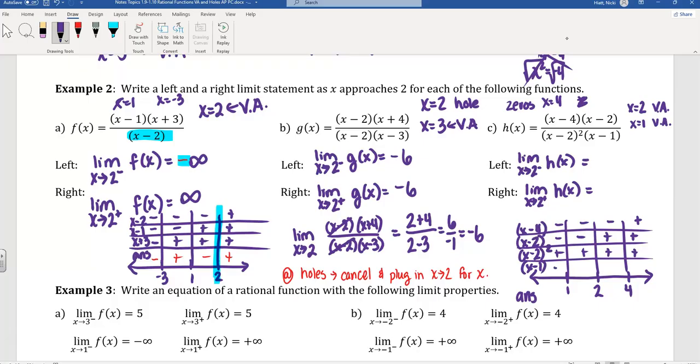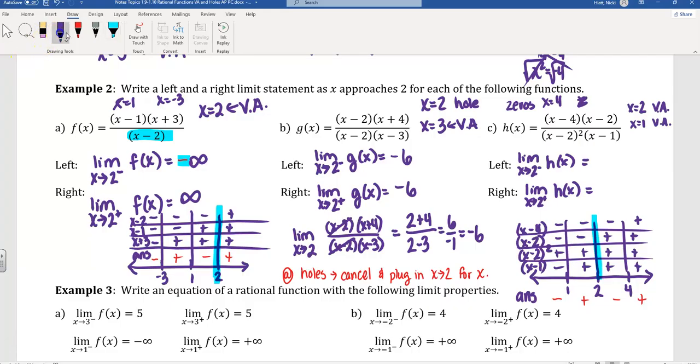And then I've got negative, positive, positive, positive. So I'm going to put my answer actually here below the line. I'll get negative, positive, negative, positive. Now, I'm not giving an answer of where this is positive or negative here. All I care about is what's happening at 2.